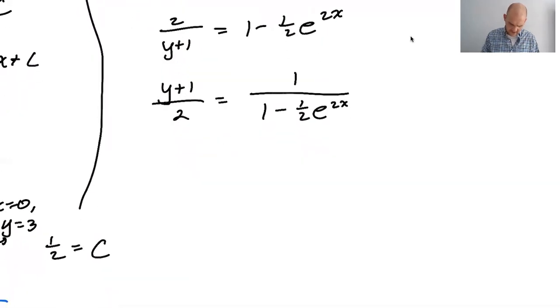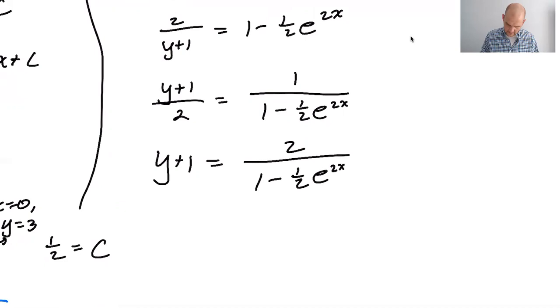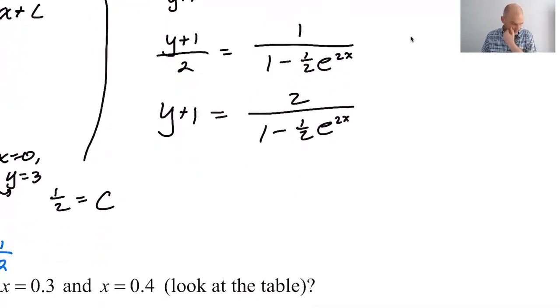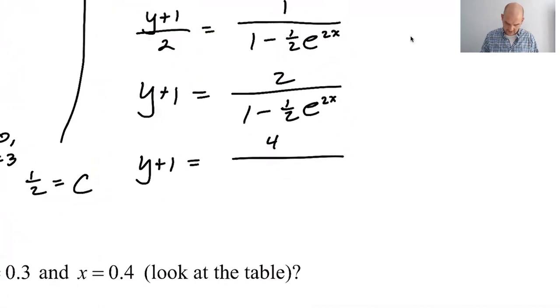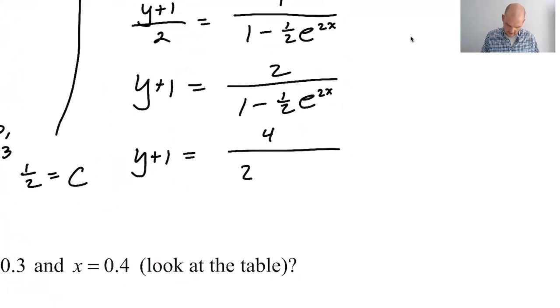So multiply by 2, get y + 1 equals 2 over (1 − 1/2 e^(2x)). And then I have to subtract 1. First I'm going to simplify that right-hand side: it's going to be 4, which is disconcerting, over 2 − e^(2x).